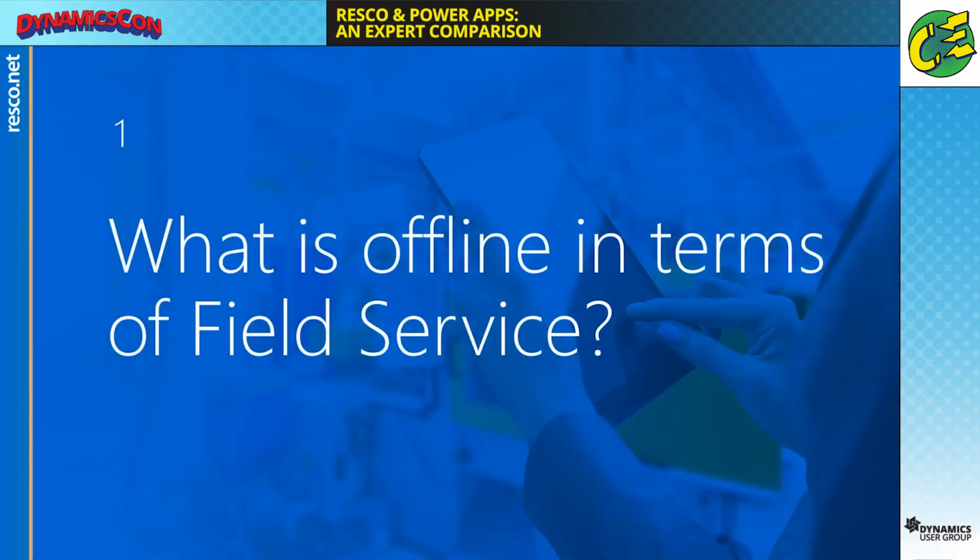Let's start off with this question. What is offline in terms of field service? Let me answer this with an example. Imagine that you are a technician who works out of the office most of the day. You can imagine that you are, for example, outside of the town or in a garage.